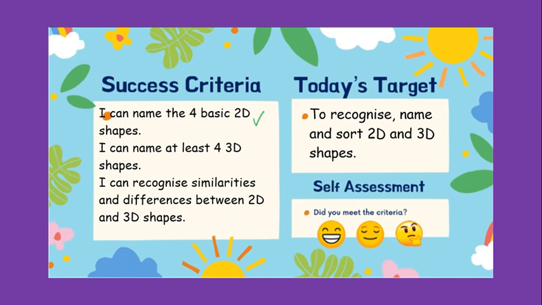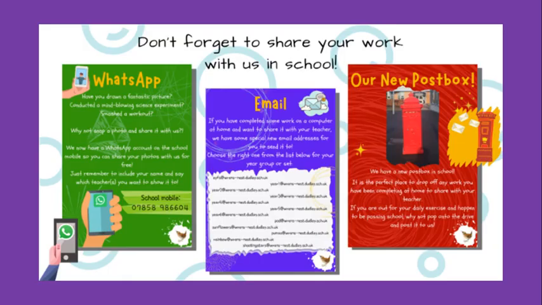So we did look at quite a few 3D shapes, didn't we? And then the last success criteria was that we could recognise similarities and differences between the 2D and 3D shapes. And we did this by sorting them. Okay, so I think we did that really well.